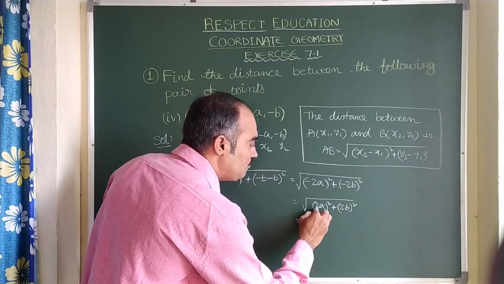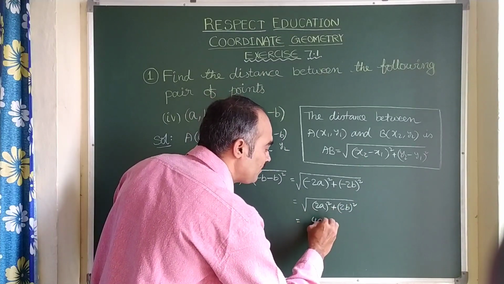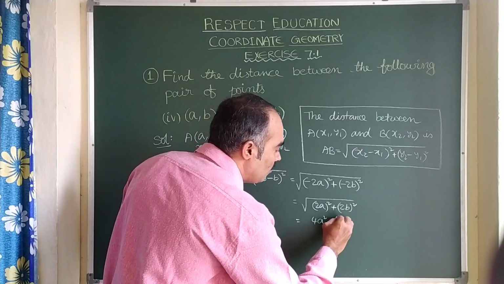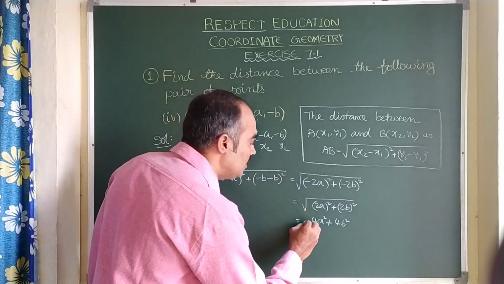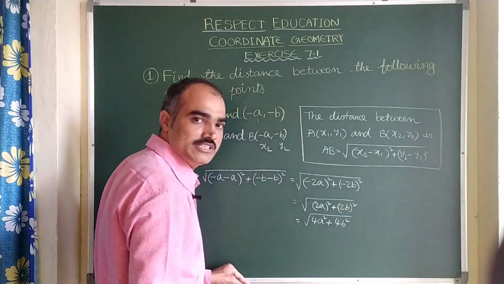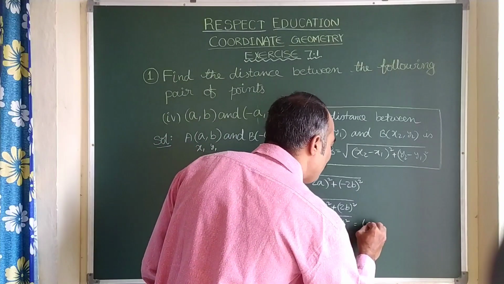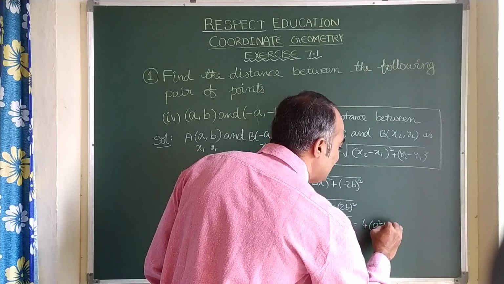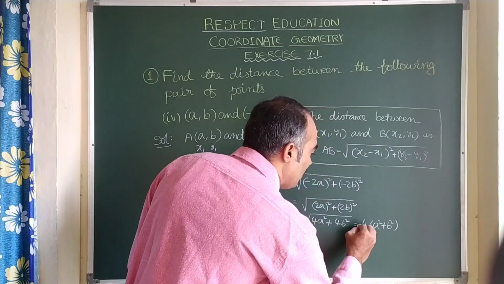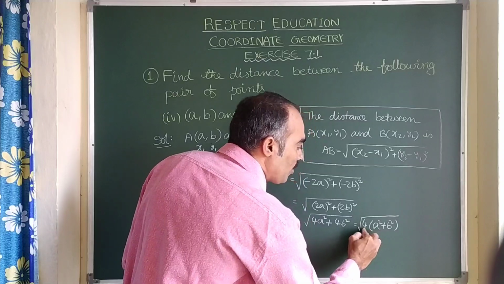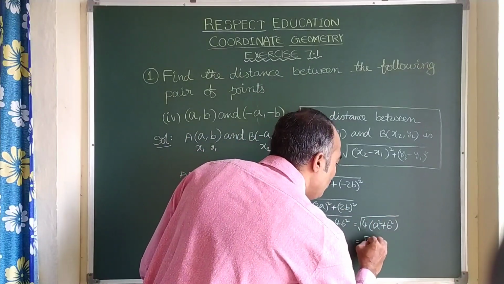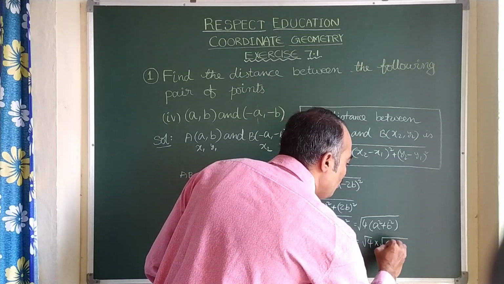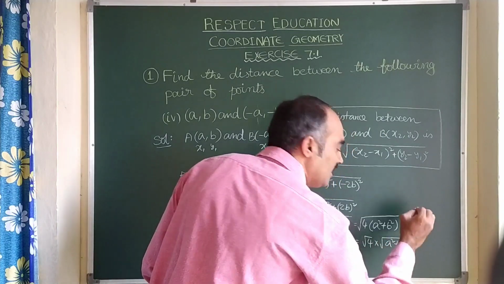So here now it is 4 times a square plus 4 times b square, because here this is 2 square into a square, 2 square is 4. Now here we can take 4 as common, 4 times a square plus b square. Now here this is product of two values under root, so it can be splitted as root 4 into root a square plus b square.